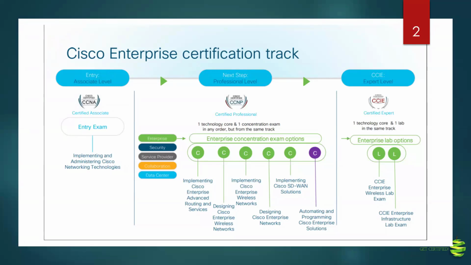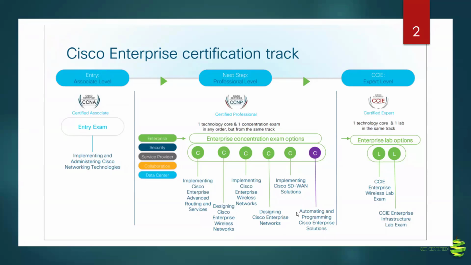And then the concentration exam will be one of the things that you decide to do. For example, you can use Implementing Cisco Enterprise Advanced Routing and Services, or ENARSI, or you can use designing wireless networks, or implementing wireless networks, or designing Cisco Enterprise Networks, a more design-centric solution, or SD-WAN in-depth solution, or automation and programming solution.